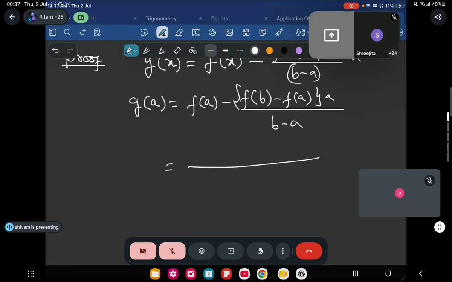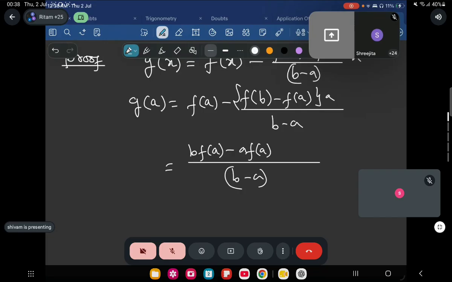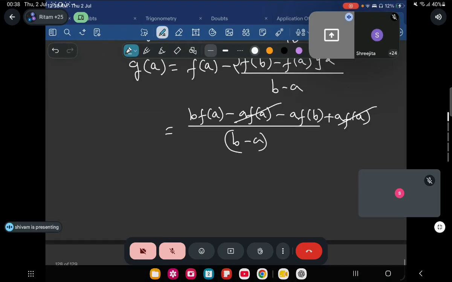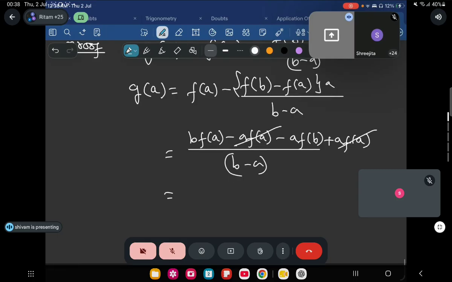When you take LCM, what are we getting? B minus a in the denominator. You will get b into f of a minus a into f of a minus a into f of b plus a into f of a. A into f of a gets cancelled. We are getting b into f of a minus a into f of b by b minus a. So this is what g of a is.